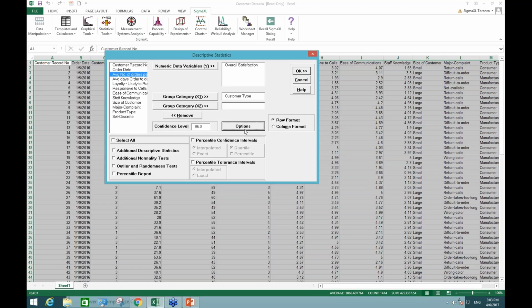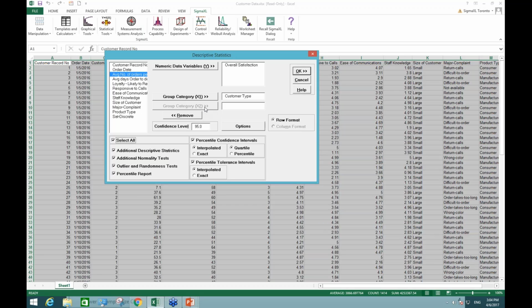However, if you click the options button and check select all, that provides you with all of the new report items. I should point out that when you do this, the column format is grayed out and the group category X2 is grayed out.